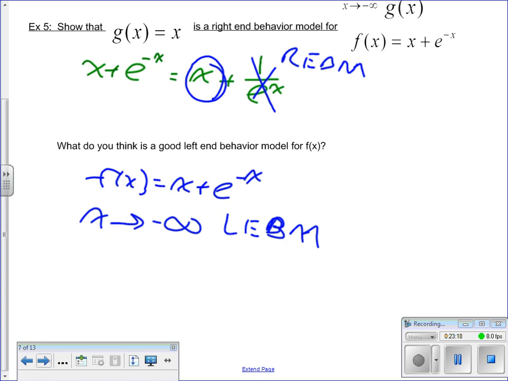Because take a look at what's going on. Remember, I have two types of functions here. I have essentially a linear function, and I have an exponential function. And this exponential function grows how much faster? Compare x to x squared, x to x cubed. Which one's going to overpower quicker?